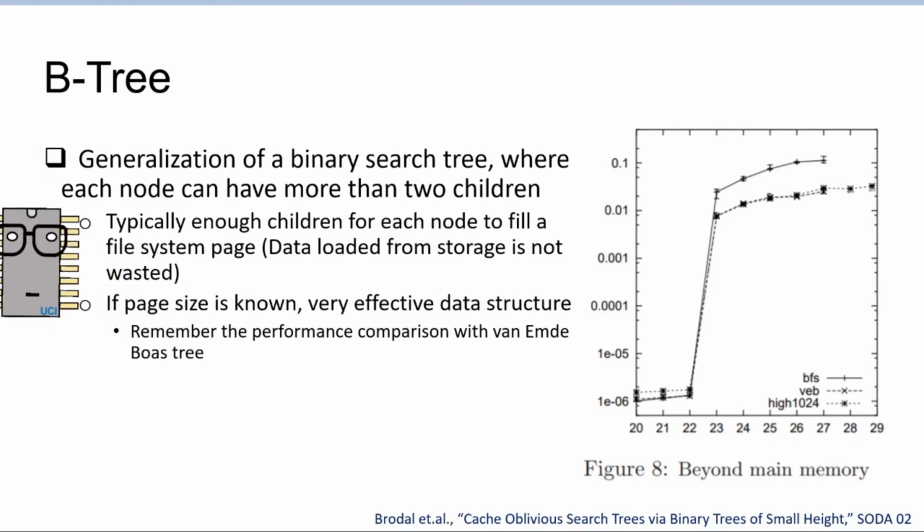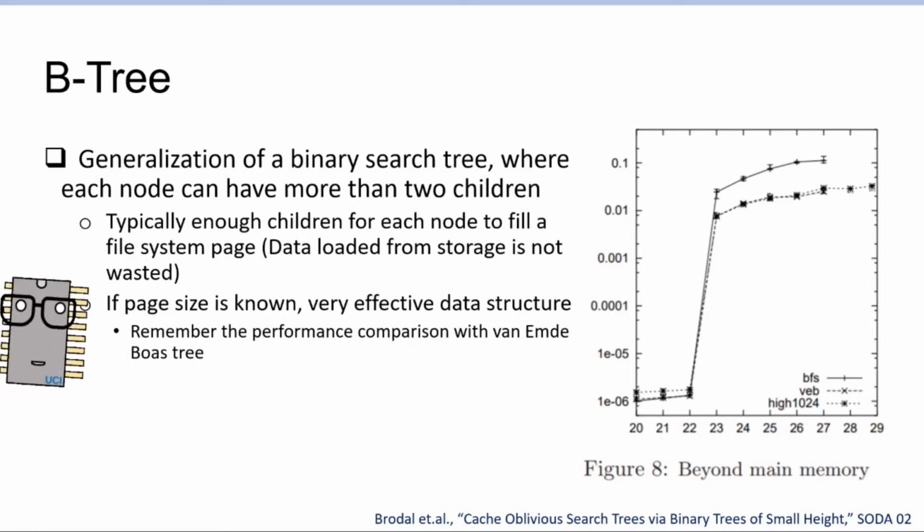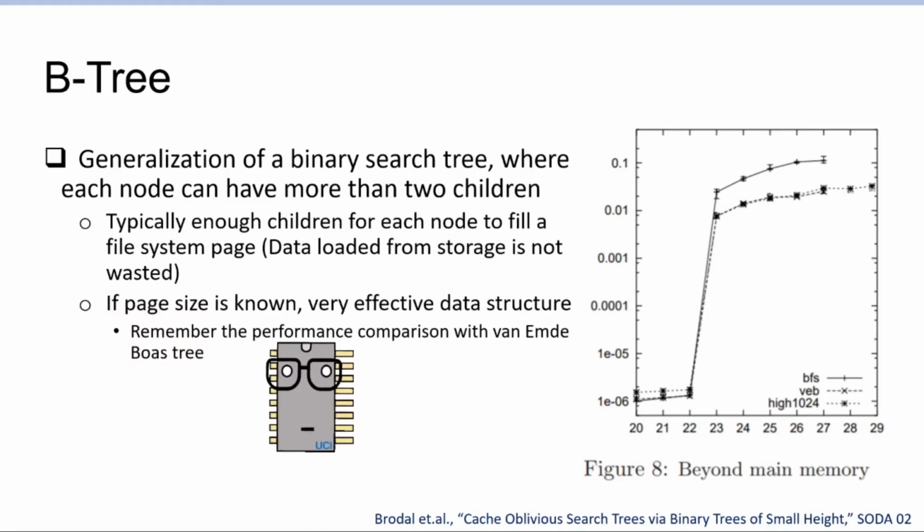And typically when you use a B tree for storage, and this is in many cases at a very high level what databases do, you put enough children in each node to fill a file system page, a 4 kilobyte page, so that the data that you load from storage is not wasted, so that all 4 kilobytes that you read is used for something. If you know the underlying page size of the flash storage or the disk is 4 kilobytes or something like that, it is a very, very effective data structure, even compared to the very complex and very optimized van Emde Boas tree layout.